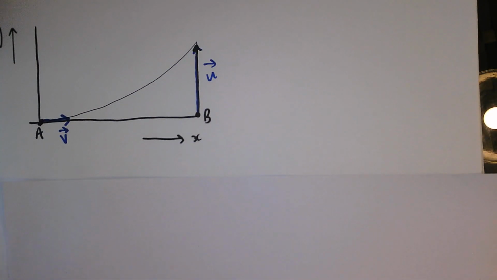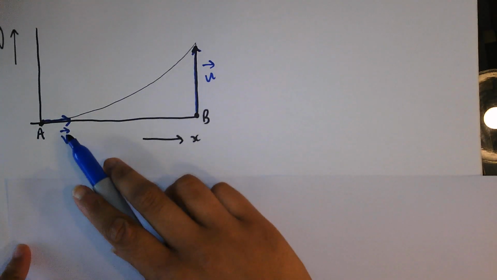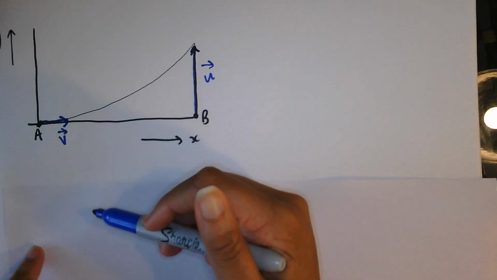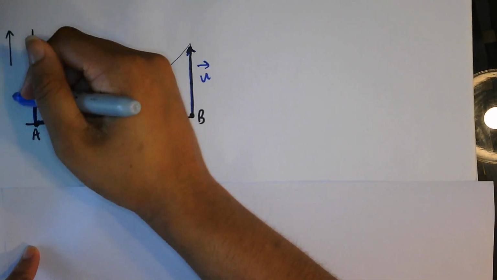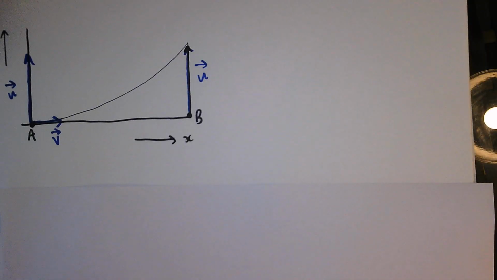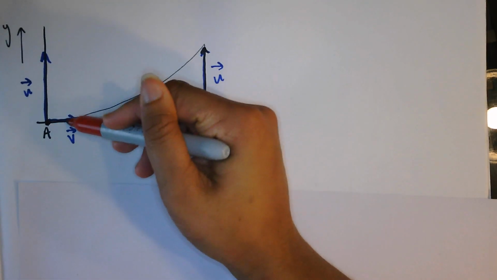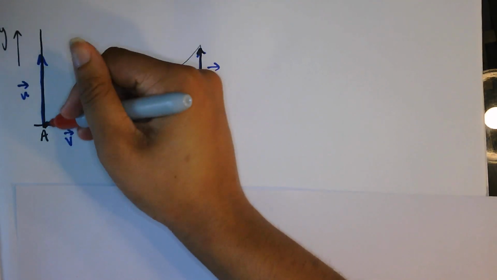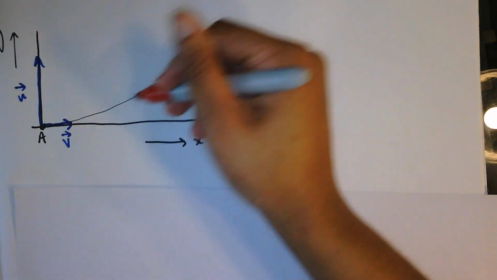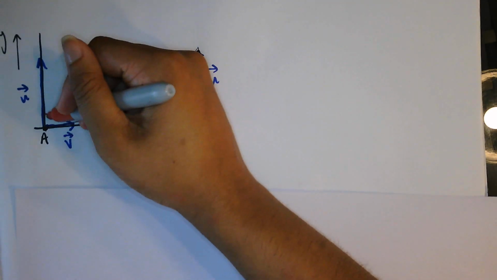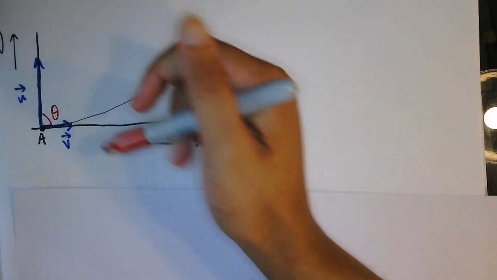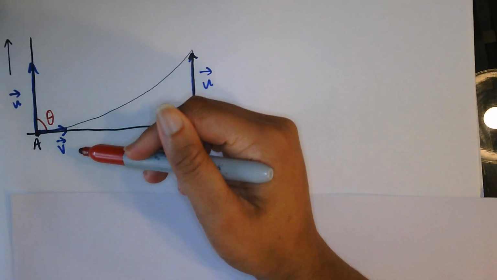Also notice that there is an angle between the vectors v and u, which is continuously changing. So if I bring the vector u over here, we can see that initially the angle between u and v was 90 degrees, but as A moves in a curve and vector v is changing direction, the angle between them, if I call the angle theta, is continuously changing.